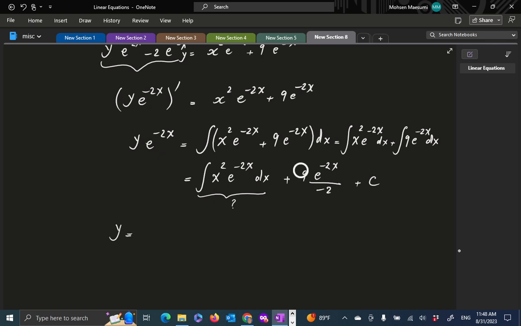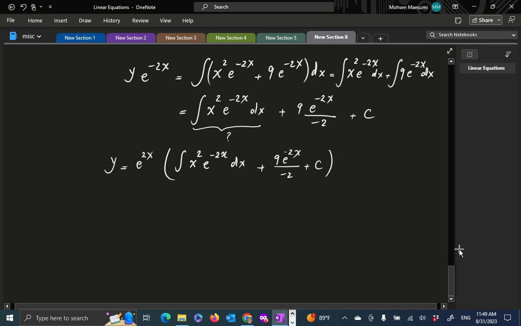We multiply both sides with exponential of 2x times whatever this integral is, and then the other one is 9 exponential of minus 2x over minus 2, whatever that one is, and a constant. That would be a solution, except that in all homeworks, if it is possible to simplify, you have to simplify it. So let's spend a little bit of time on that. For that, I need to introduce you to so-called integration by parts.